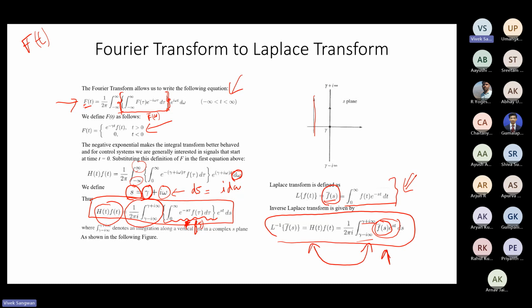But what we have achieved in this single slide is we have converted our Fourier transform into something much more powerful, the Laplace transform. It is more powerful because it has this design variable gamma, the real part of S, which you can choose to make sure that this integral converges.